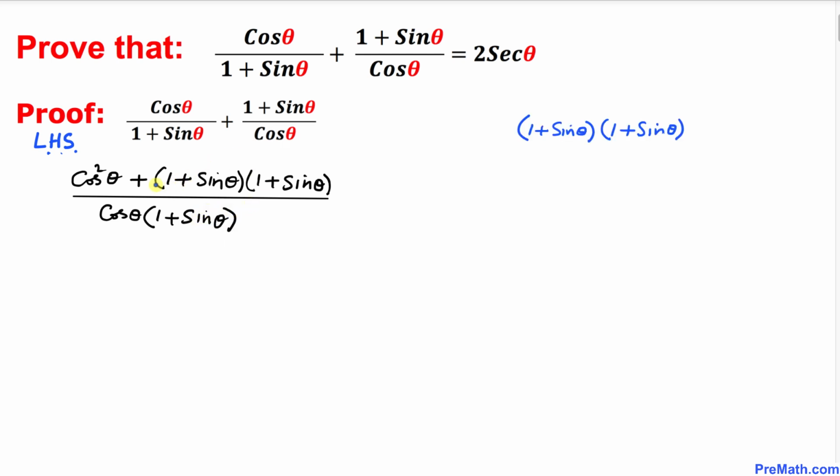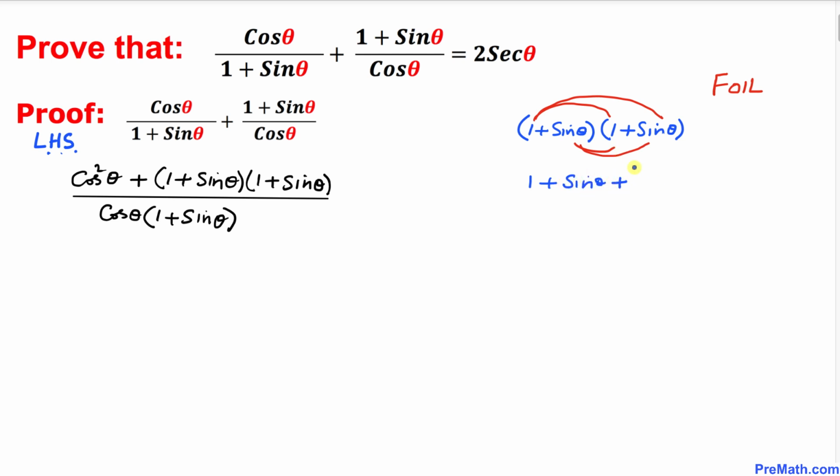And now let's focus on this part on the numerator. I have just copied it down over here. And now we are going to multiply it by using the FOIL method. In other words, double distribution like this one. Let's create these rainbows, and then finally with this one. So let's do that one. 1 times 1 is 1 plus 1 times sine theta is going to be sine theta.